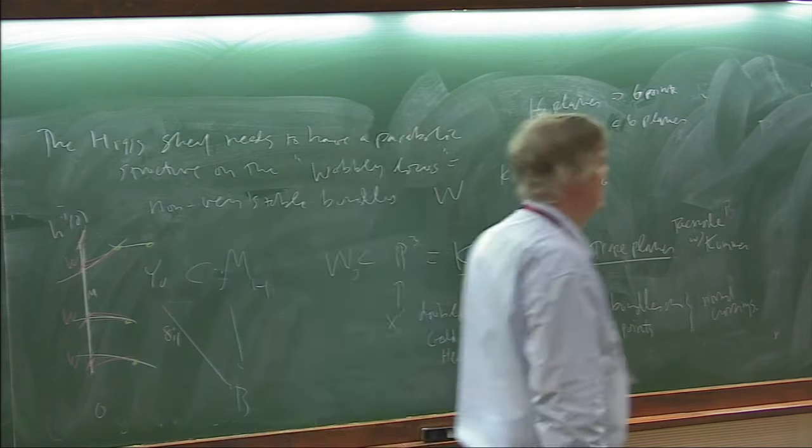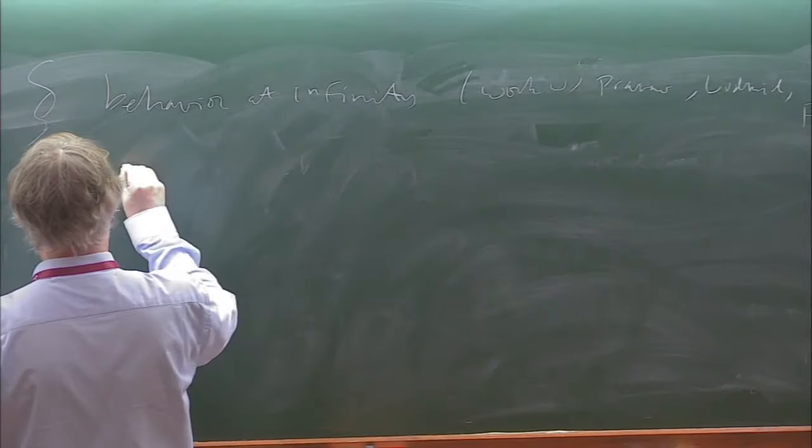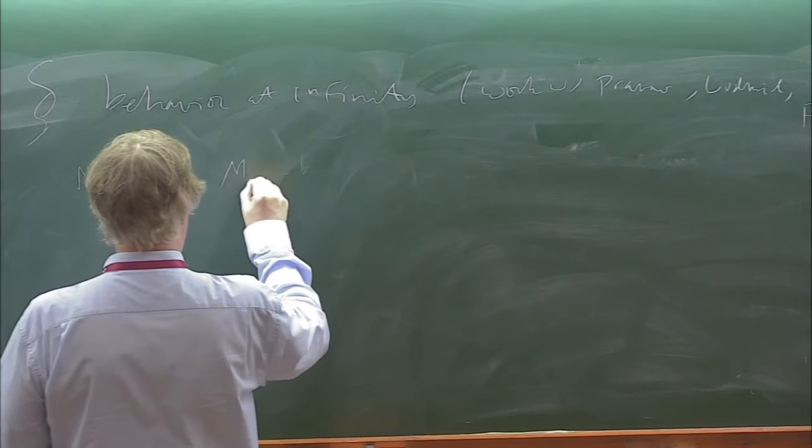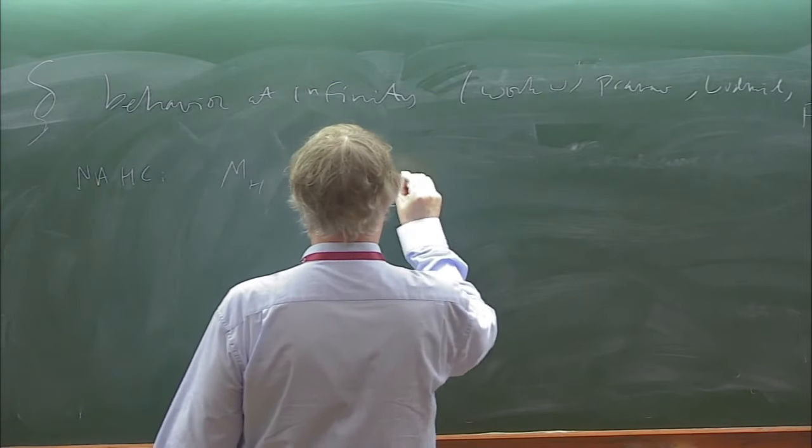Okay. So the first observation is that the nonabelian Hodge correspondence says the Hitchin moduli space is isomorphic to the Betti moduli space, which is representations.